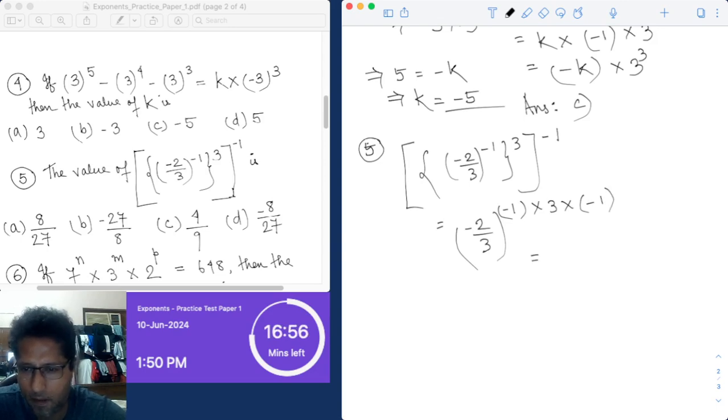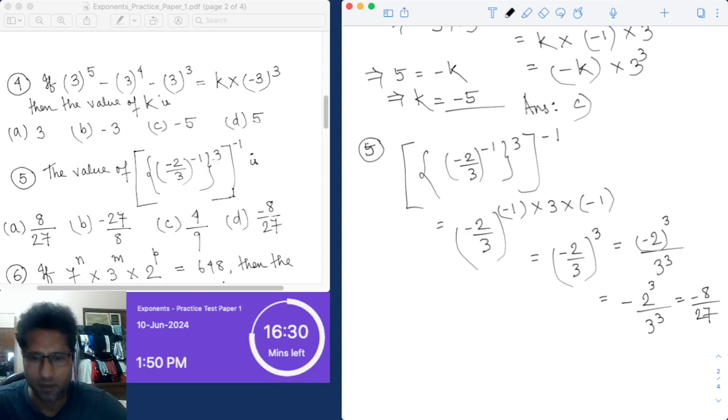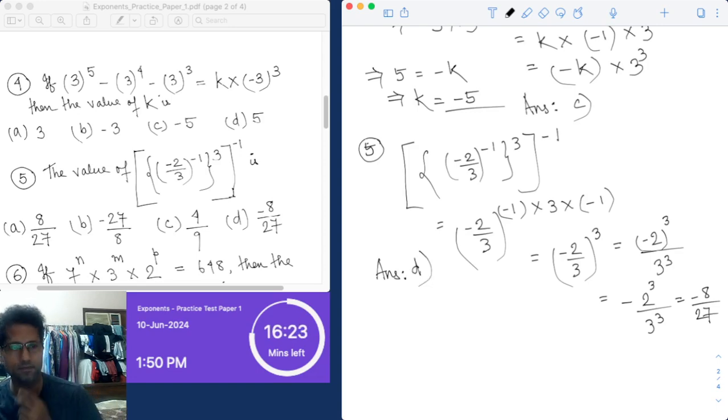This is (-2/3)^3. This is (-2)^3 over 3 cube. This is negative of 2^3 divided by 3 cube. This is -8/27 is the result. So the choice is D. The answer is D. Okay.